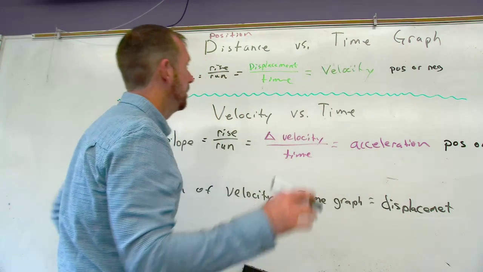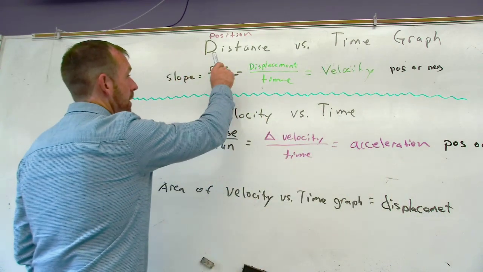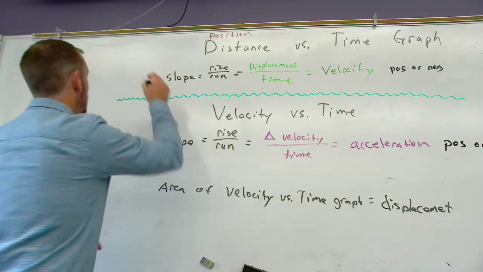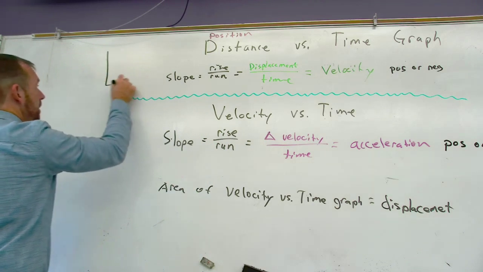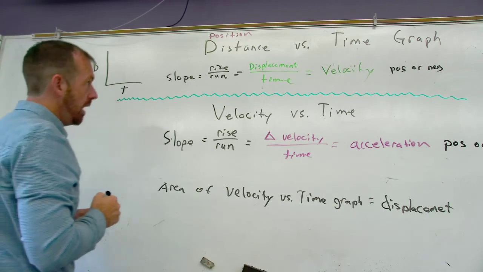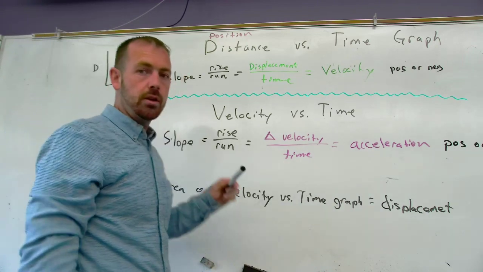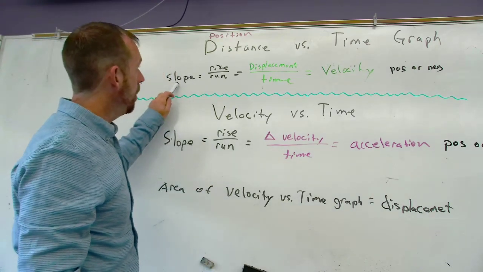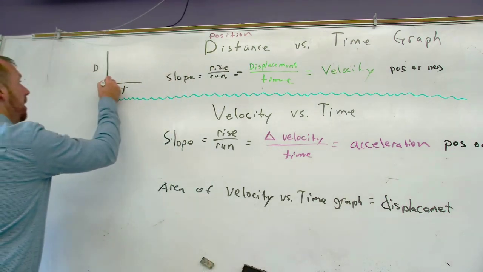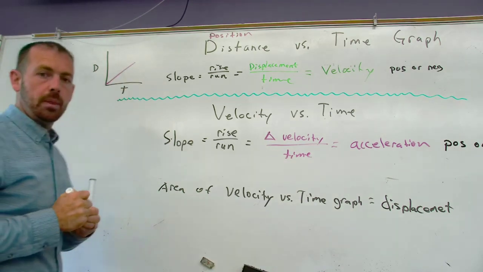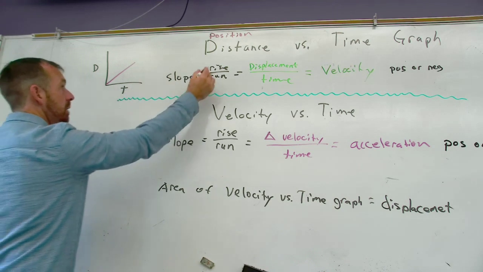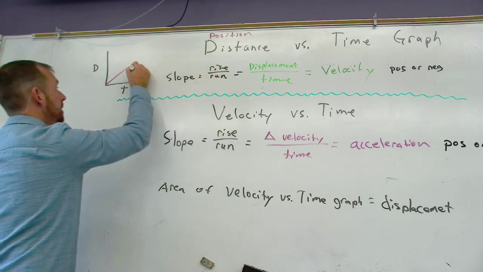Just big picture stuff. We've already been talking for a while about distance versus time graphs. And the thing that we want to make sure to note is that the slope on a distance versus time graph, so we could draw that like this, the slope, which would be equal to rise over run, which is this.